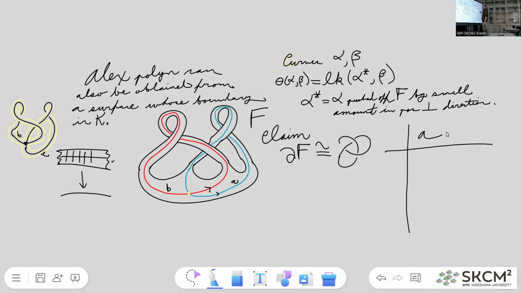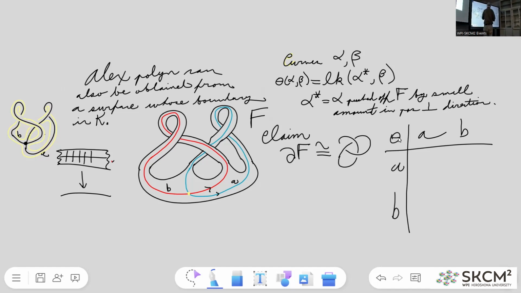Let's take A and B and see how this will look if we measure it this way. The way this happens, of course, depends on the knot itself, depends on the boundary, and it depends fully on the surface.